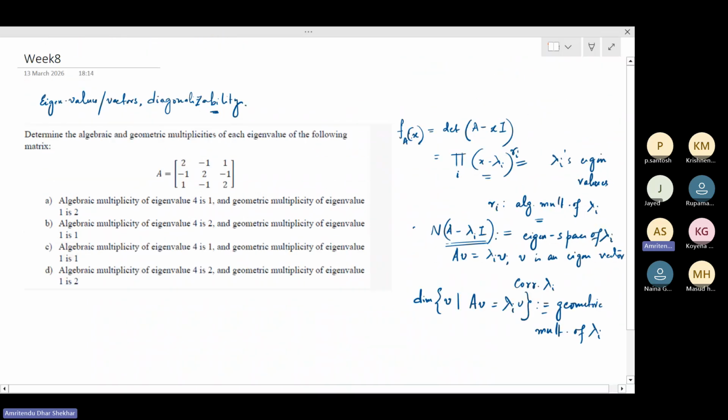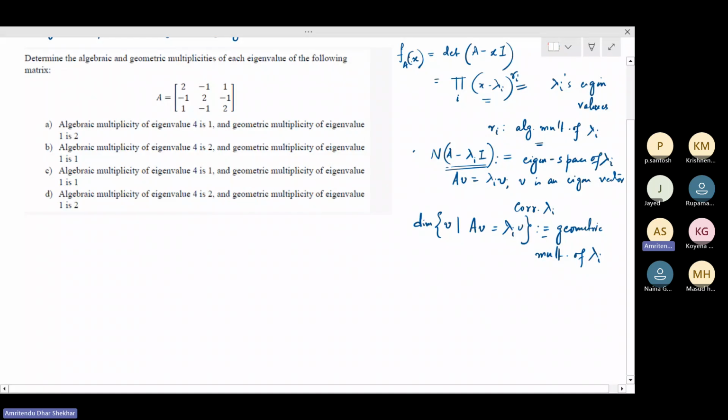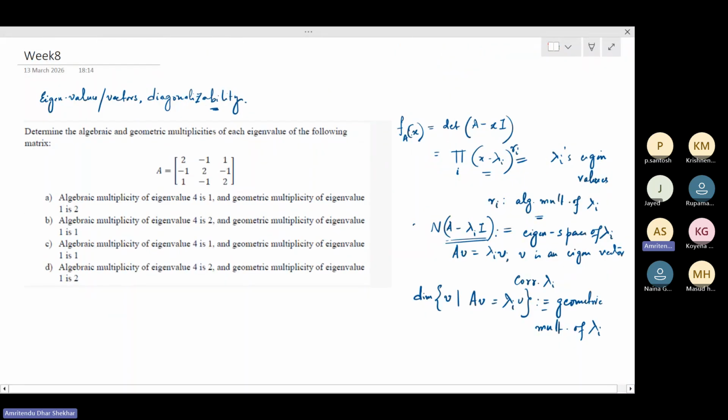We'll look at diagonalizability later, but I'll briefly state it here. In order for a matrix to be diagonalizable, you need the algebraic and the geometric multiplicities of each of the eigenvalues to be the same. We'll talk about that later.